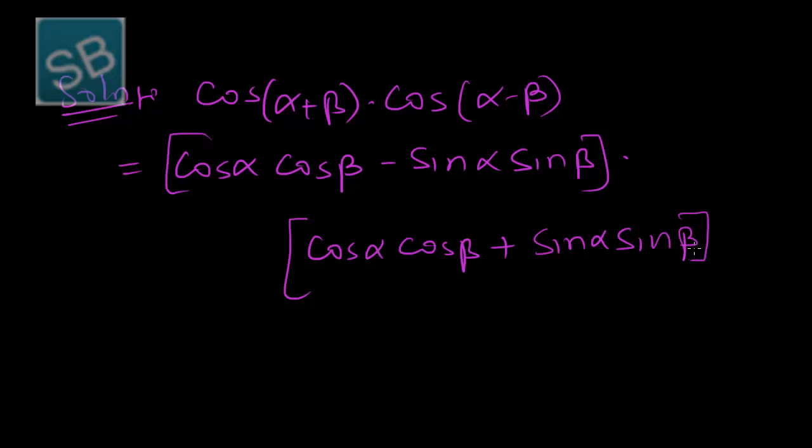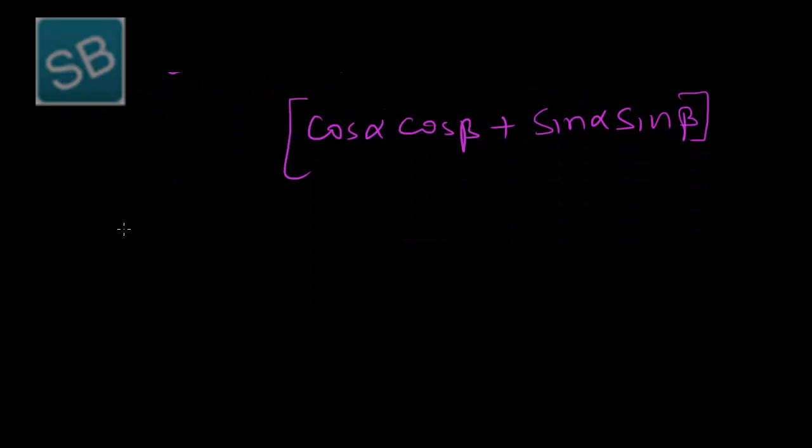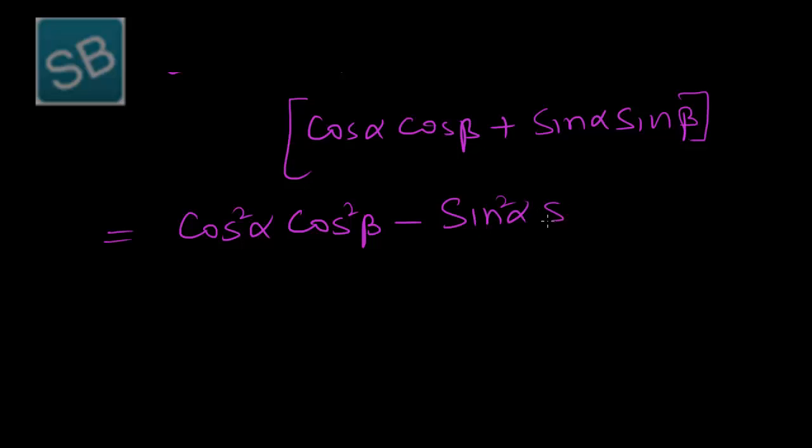So on multiplying we get a plus b, a minus b, that is a square minus b square, where a square is cos square alpha cos square beta, and b square is sin square alpha into sin square beta.